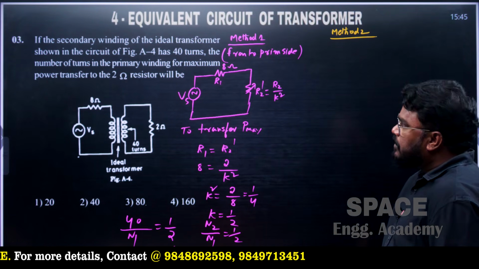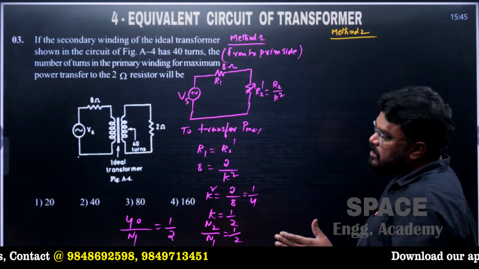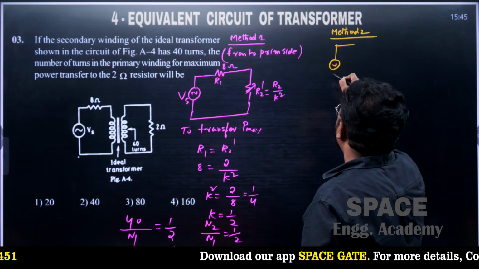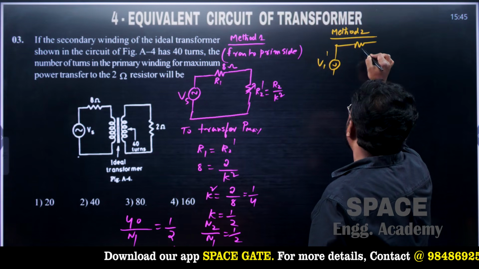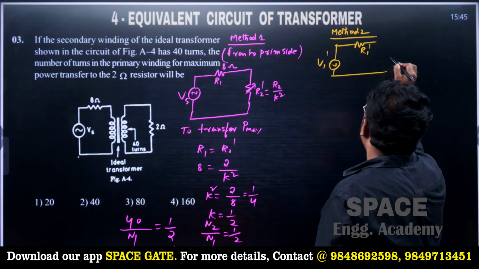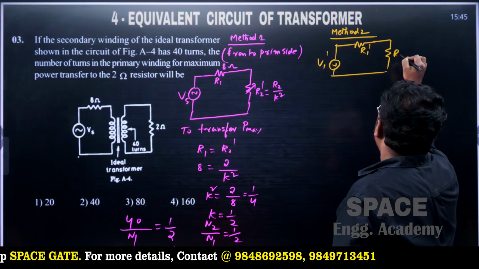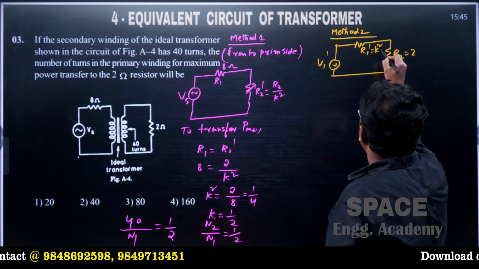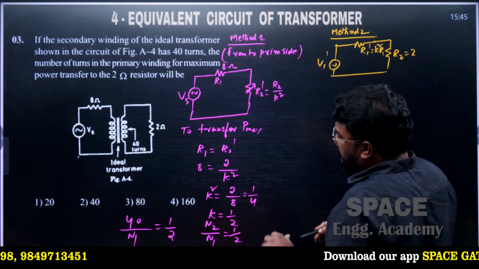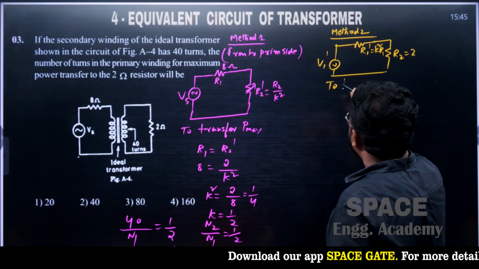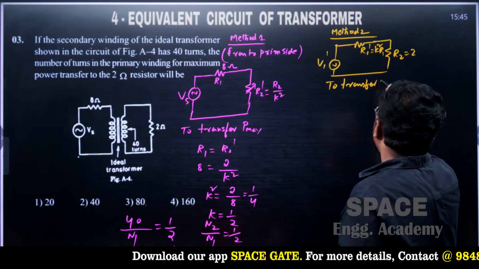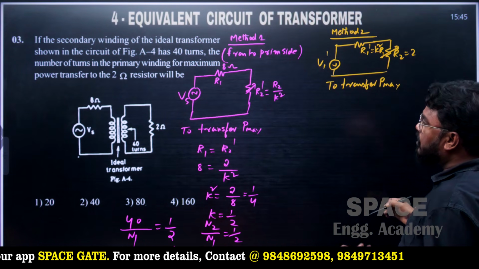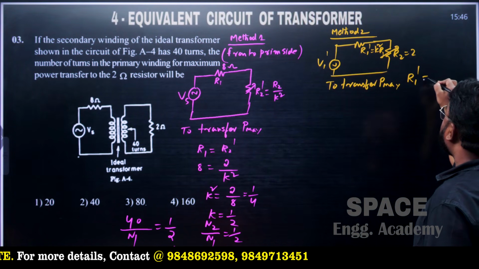Here I am transferring the primary resistance from the primary side to the secondary side. Then this is the supply voltage V1 dash, this resistance is R1 dash, and the load resistance, the secondary resistance here, R2, is equal to 2, where R1 dash is equal to K square times R1, when transferred from the secondary. Now, to transfer P maximum, the condition is always that source resistance is equal to load resistance, that is R1 dash is equal to R2.